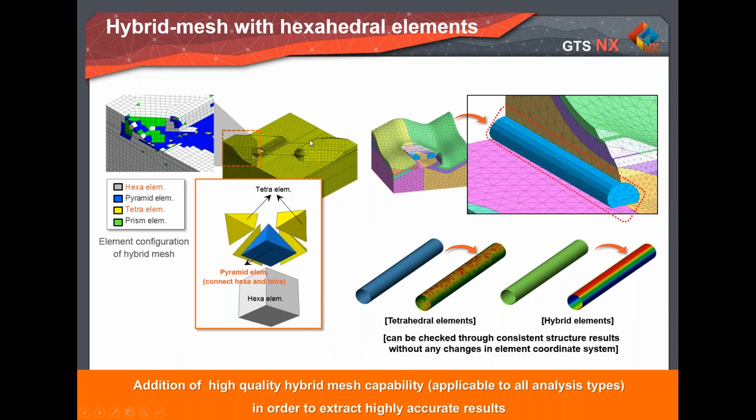Moving on to the next slide, hybrid mesh with hexahedral elements. If you are dealing with tunnels, you might understand the difficulty in extracting shell element forces modeled with the help of tetrahedron elements. MIDAS GTS NX provides you with both options: you have tetra mesh as well as hybrid mesh. With hybrid mesh, if you think of a 2D plate element, the basic element is a rectangle.